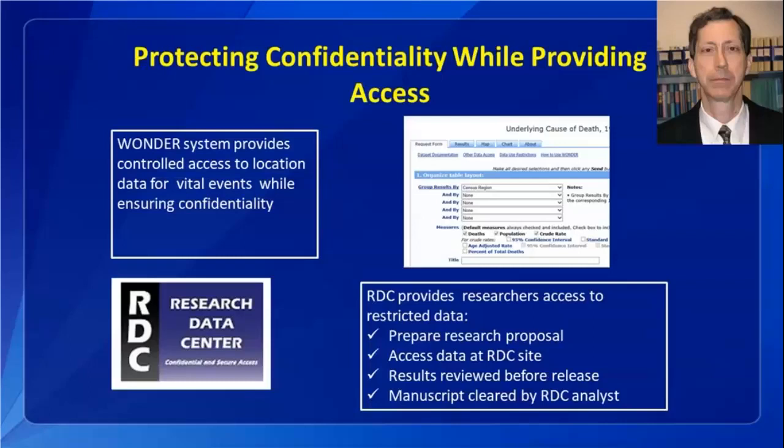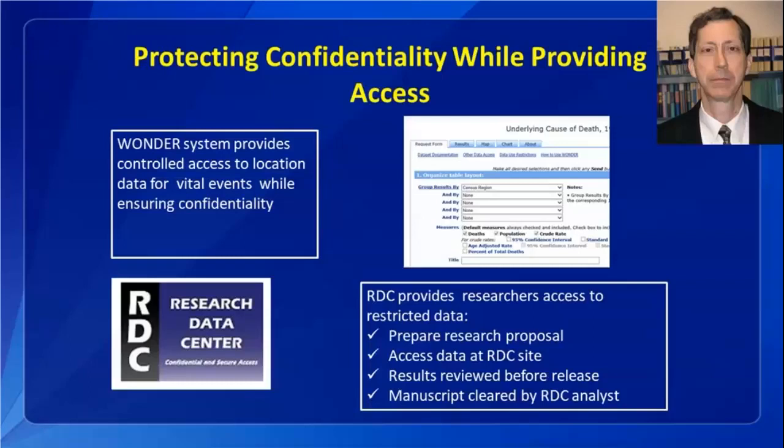Basically, you can use the system to build your own tables. They can be extremely detailed tables, but the system is set up to ensure that you won't be able to identify single individuals, and yet you will have the ability to explore the data yourself. And we find there's an awful lot of use made these days of this system.